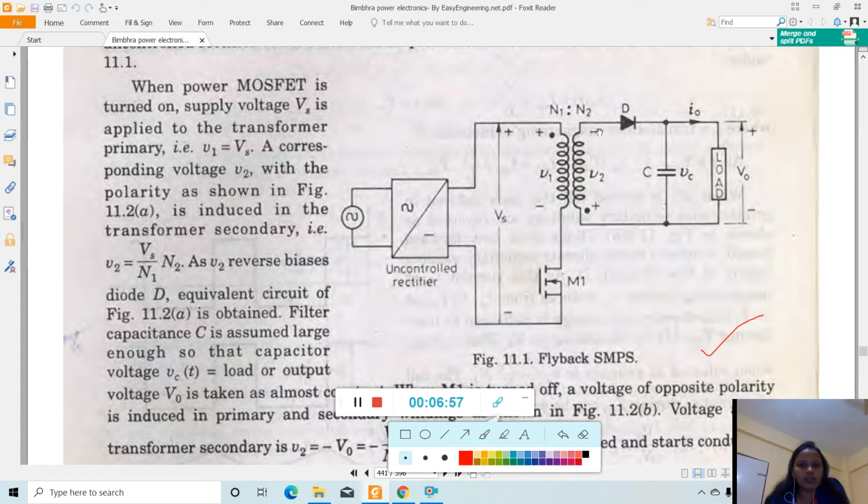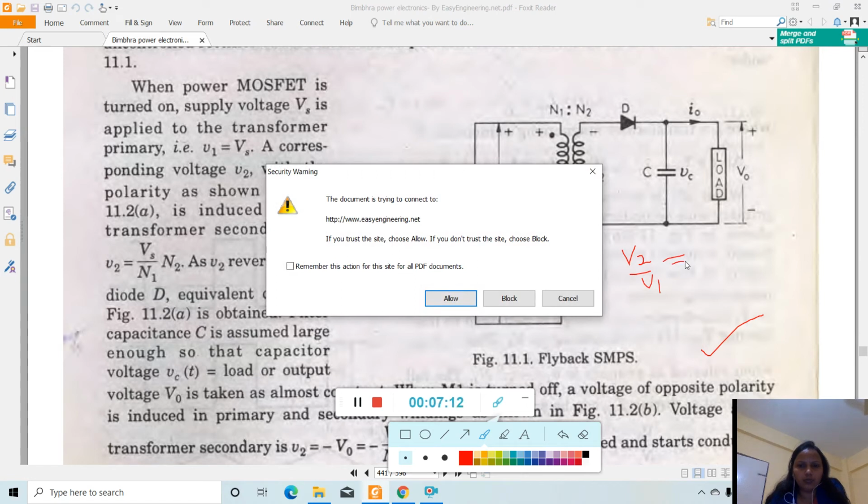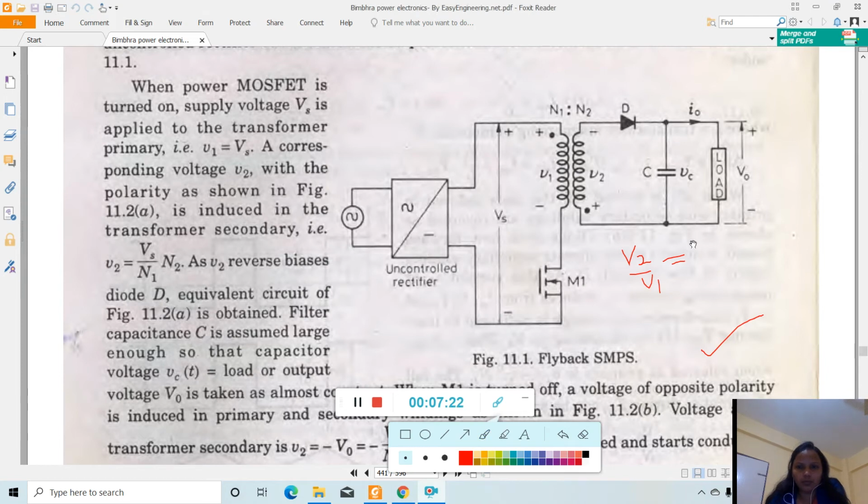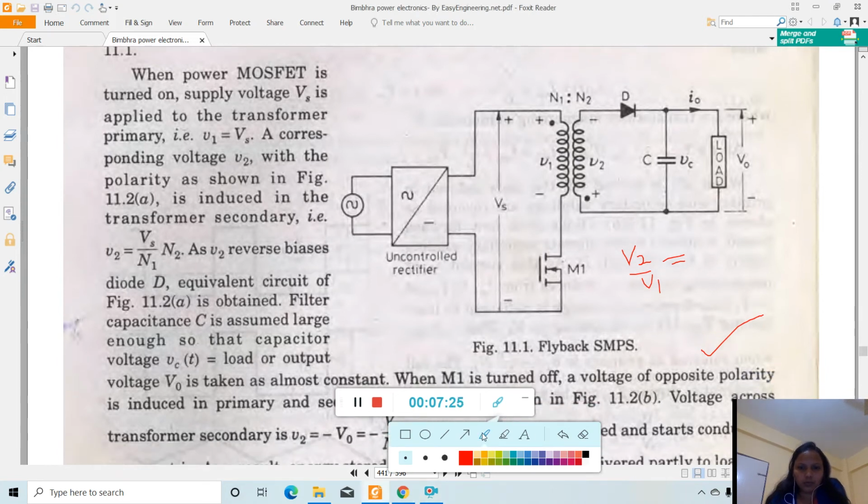So here it is plus, it is minus, so V2 is equal to Vs into N2 by N1. We already know the transformation ratio equation, V2 by V1 equals N2 by N1.